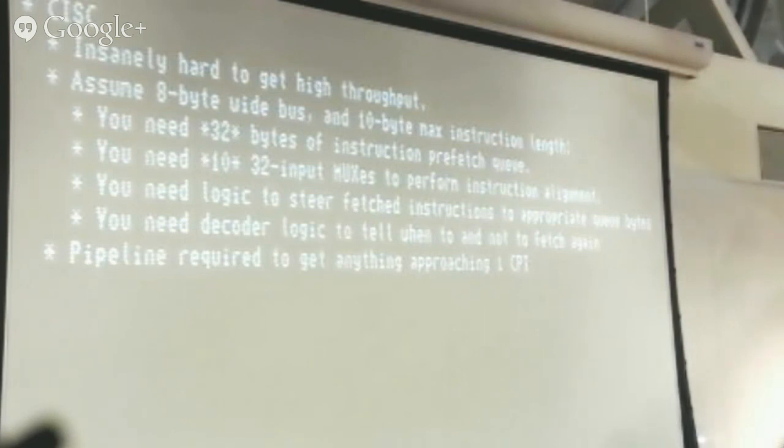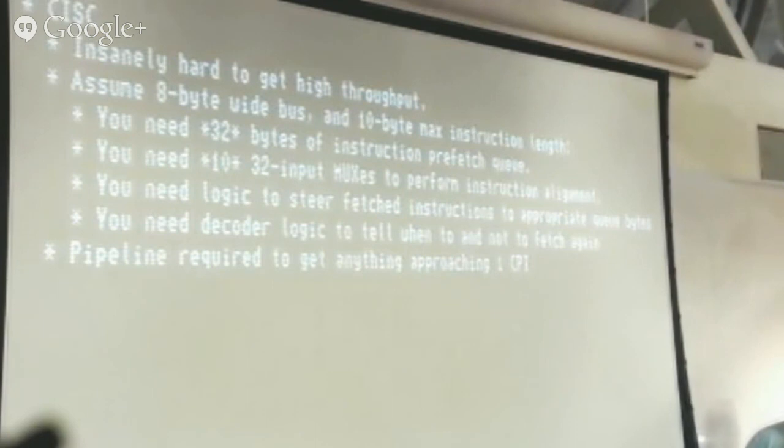You needed the logic to fetch steered instructions based on your current instruction pointer into the next available word in your prefetch queue. And you needed the logic to tell when to, but more importantly, when not to fetch another instruction word in case you were still fetching an instruction from the current slot. So it ended up being quite a complicated thing to work out.